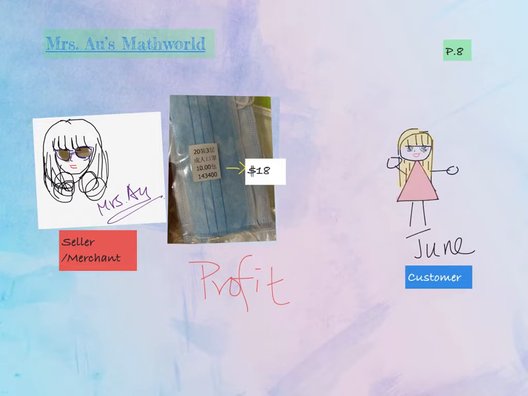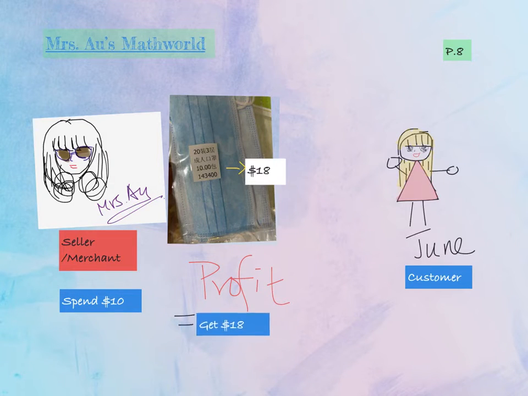So what does it mean by profit? Mrs. O spent $10 to buy this. After that, she got $18. Okay, so that means profit will be equal to the money that she gets more.